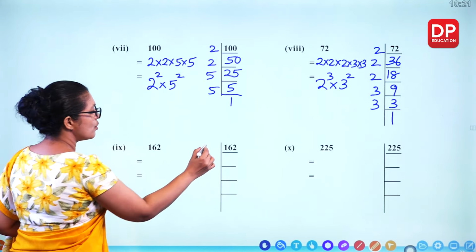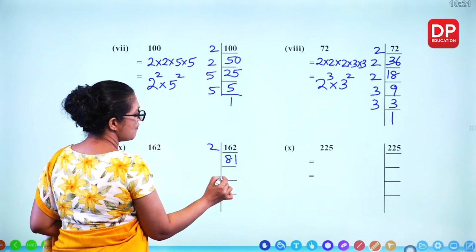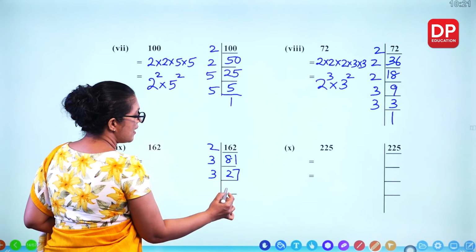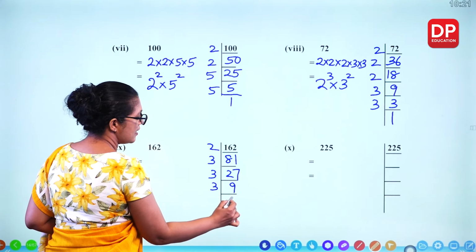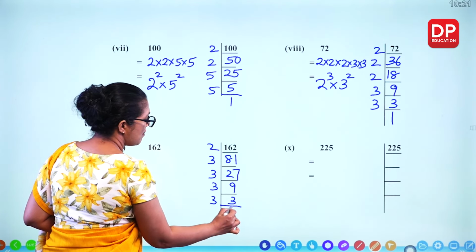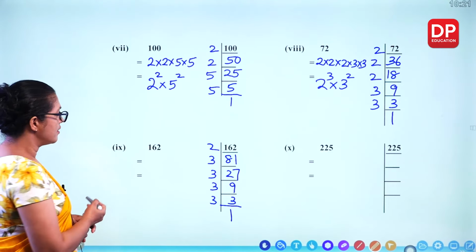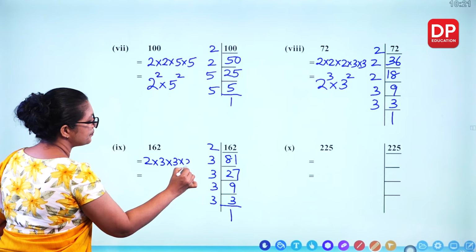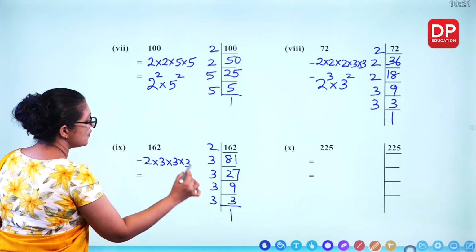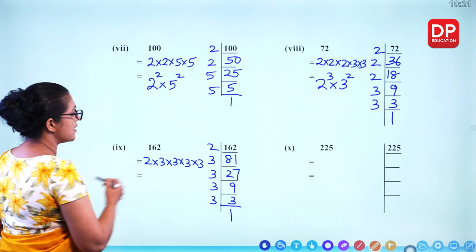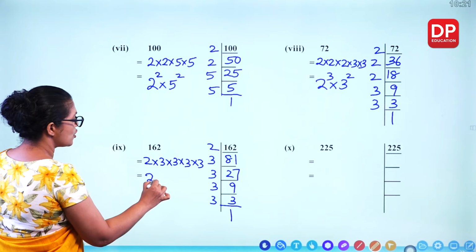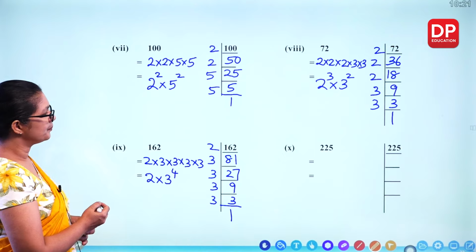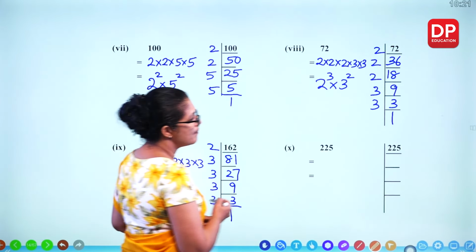162. Divide by 2, you get 81. Divide by 3, you get 27. Divide by 3 again, 9. 3 again, 3. Divide by 3, you get 1. So 2 times 3 3's, not 3 3's, 4 3's. So how can you write? 2 into 3 to the power 4. 225.